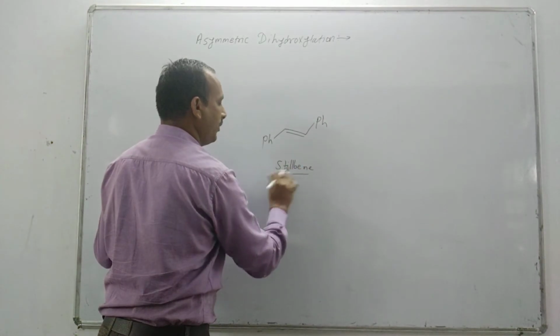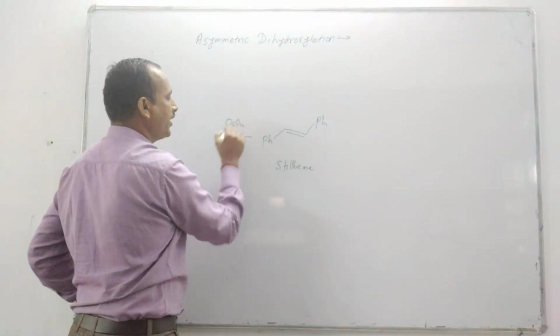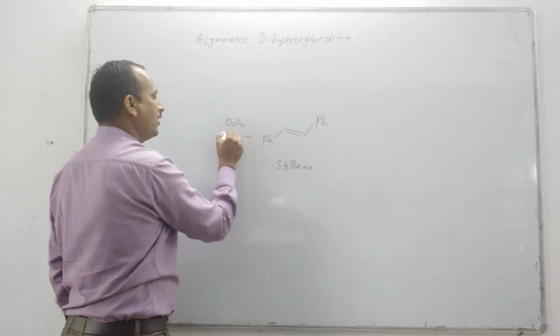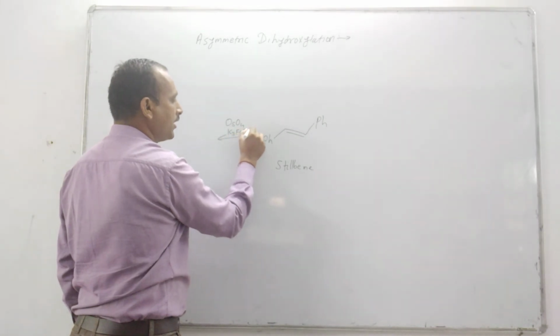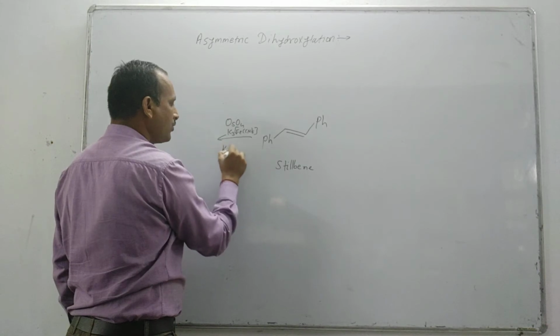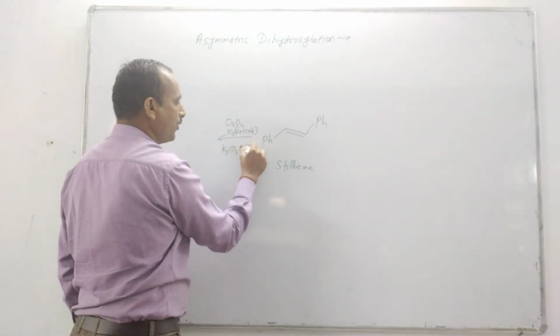This is the stilbene, using osmium tetroxide as a catalyst, then oxidant K3Fe(CN)6, then K2CO3 and MeSO2NH2.